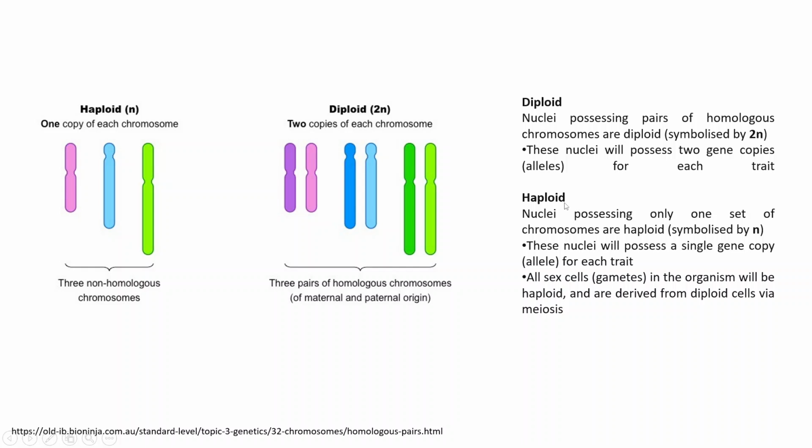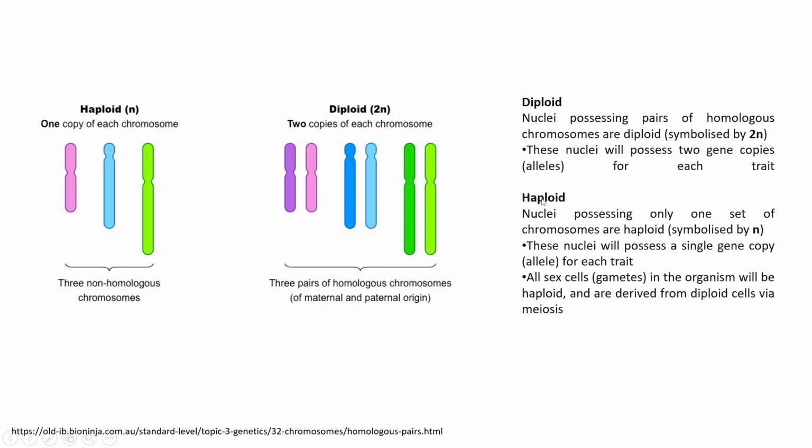The text basically says the same thing: nuclei possessing pairs of homologous chromosomes are diploid, which is 2n, and these nuclei possess 2 gene copies, which are alleles, which may be the same or different for each trait.